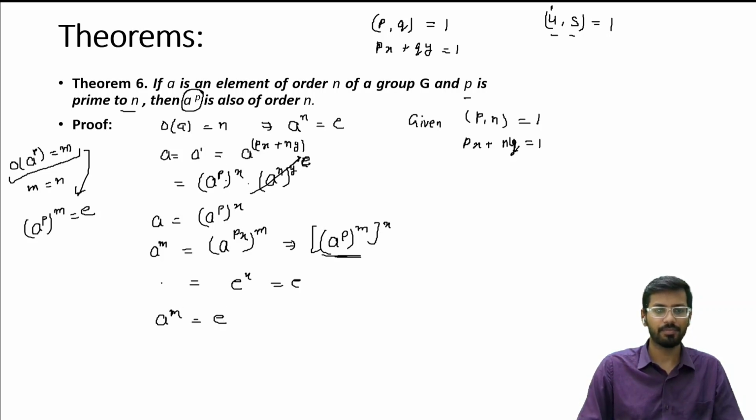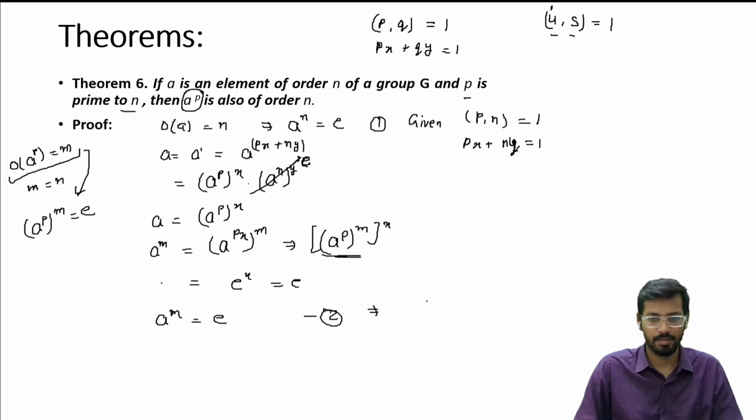Okay, so from equation 1 and equation 2, we can say this n divides m. Call it equation 3.